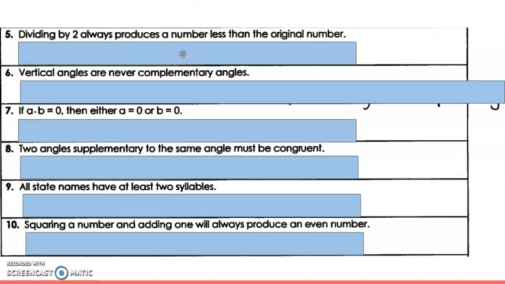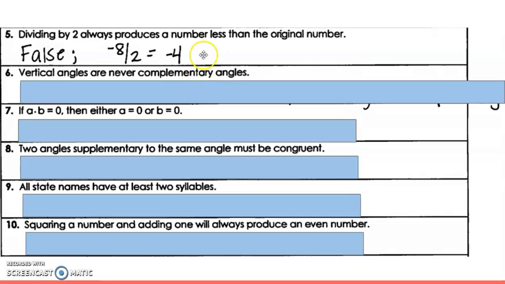If I look at that, then say I divide negative 8 by 2. Well, negative 8 divided by 2 is negative 4, and that's not less than the original number because negative numbers are sort of backwards, so negative 8 is smaller than negative 4. So that proves that this statement is false, and this is my counterexample.